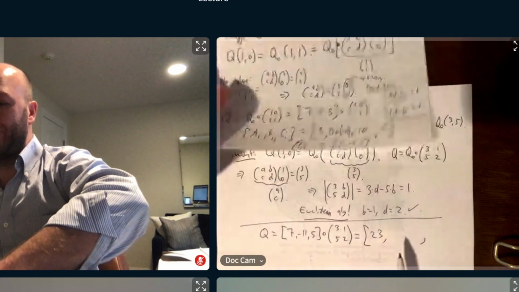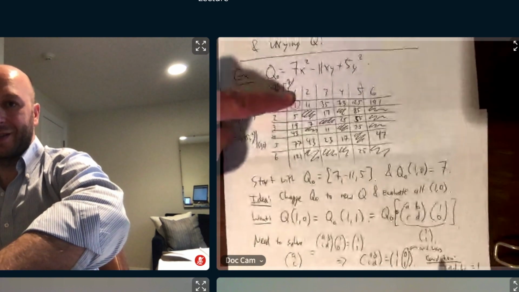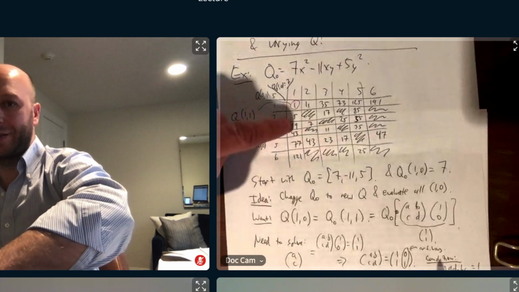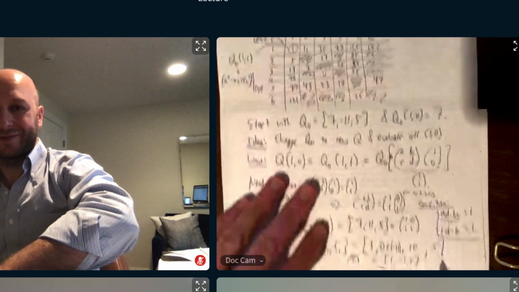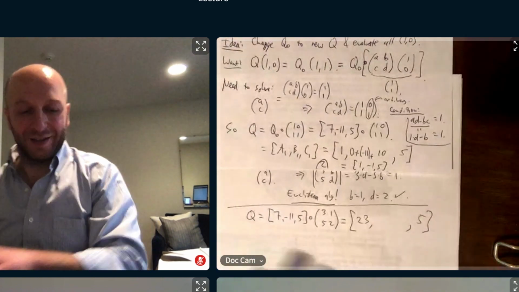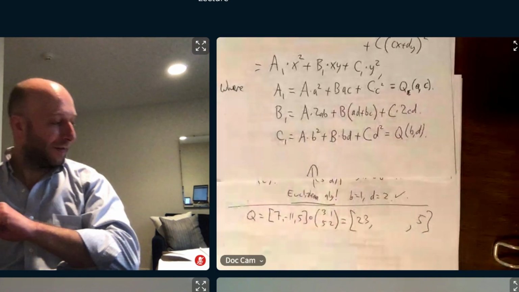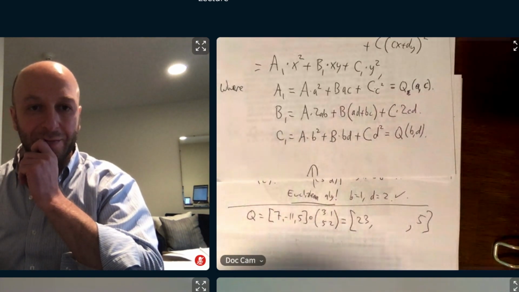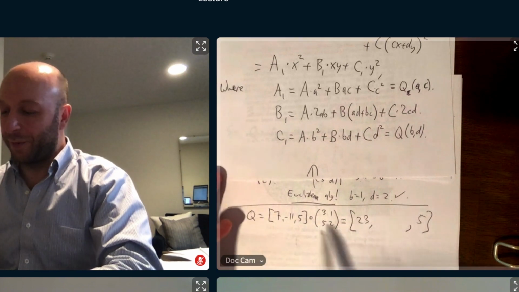Q of 1, 2 we already have worked out. Q of 1, 2 is 5. So that should be a 5. We can check in a second if that is indeed what we have. Well, we can check right now.